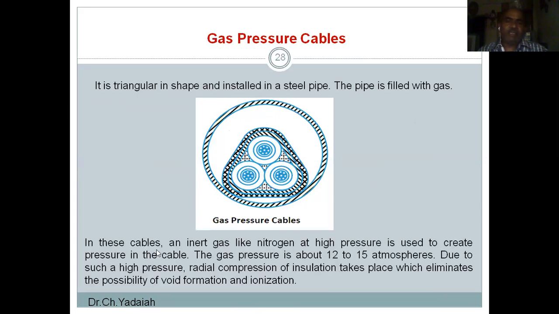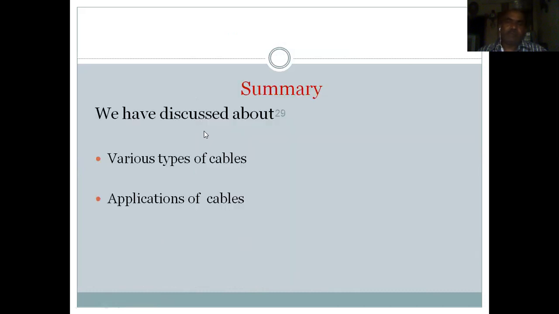In these cables, an inert gas like nitrogen is used to create pressure in the cable, and the gas pressure is about 12 to 15 atmospheres. Due to such a high pressure, radial compression of the insulation takes place, which eliminates the possibility of void formation and ionization. This is the advantage of gas pressure cables.